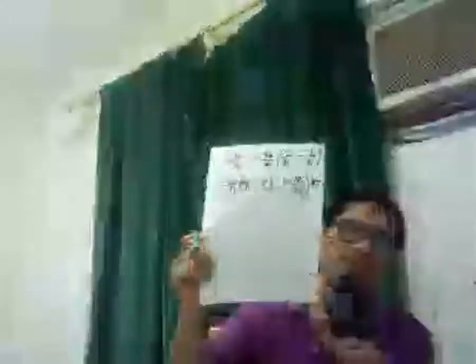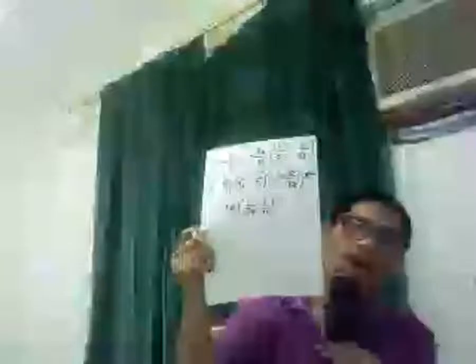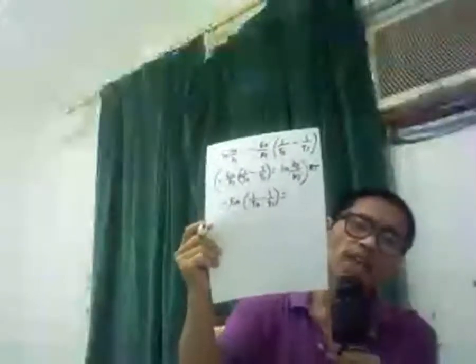So multiply both sides with R. What will happen now? R will cancel on the left side. Cancellation is very important in mathematics, especially in derivation. So what will remain is negative EA times the quantity 1 over T2 minus 1 over T1, and then R times ln K2 over K1 is simply R ln K2 over K1.